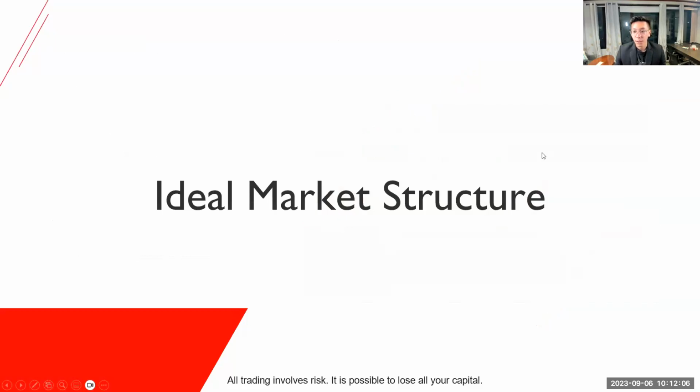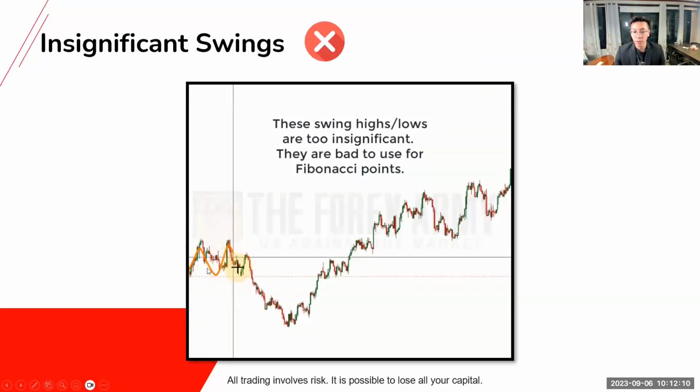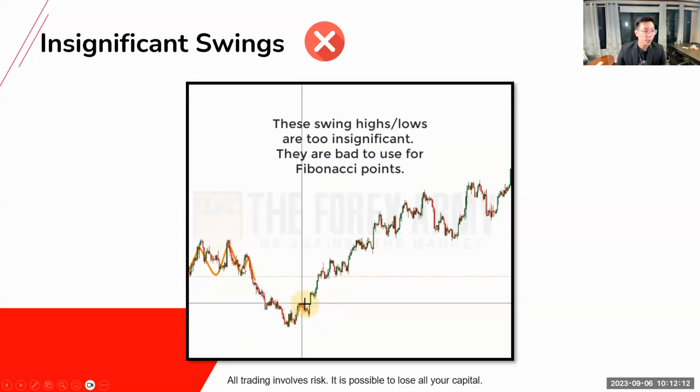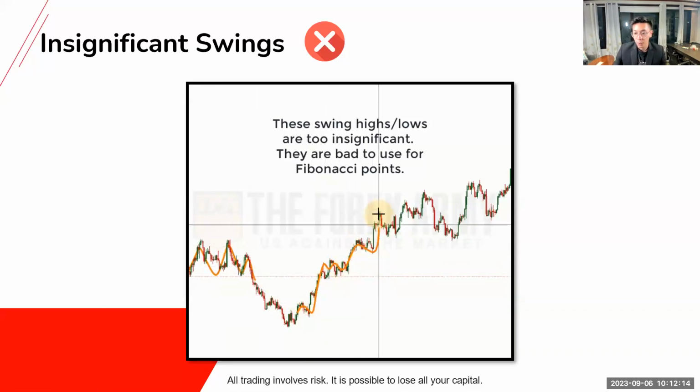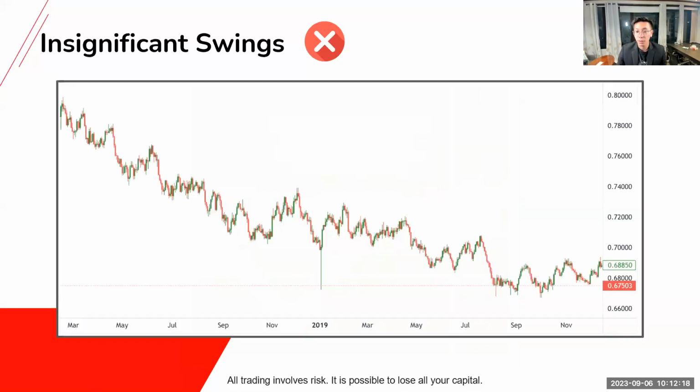Then, ideal market structure. These are insignificant swings because the movements are too narrow; you cannot see significant swings. This is another example of an insignificant swing, because you can see right here the movements are too small and we don't have a spike upwards or downwards.